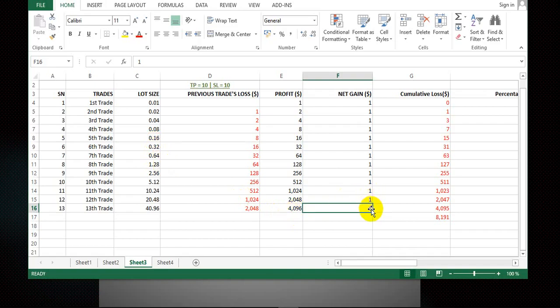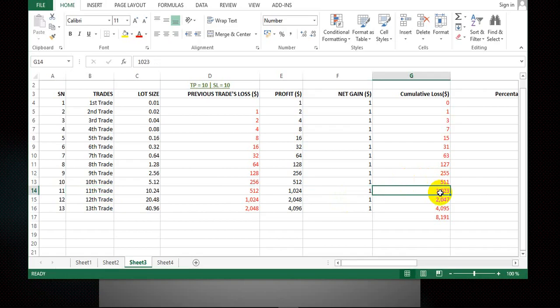That's not a smart decision, because let's say you have a $1,000 account, right? By the time you are on the 11th trade, all your money is gone. You've lost all your money.